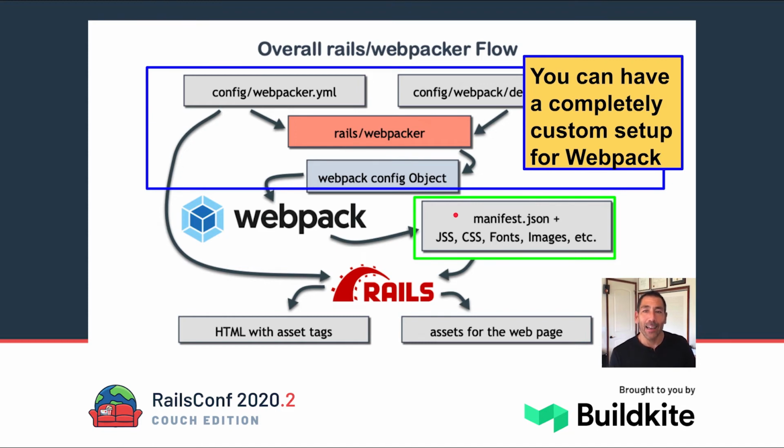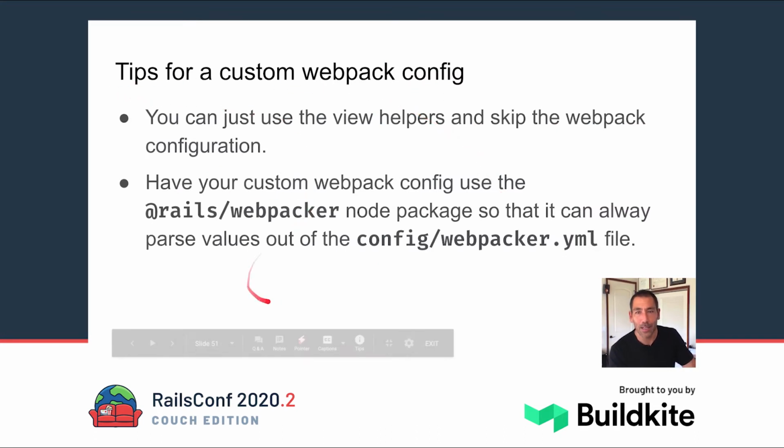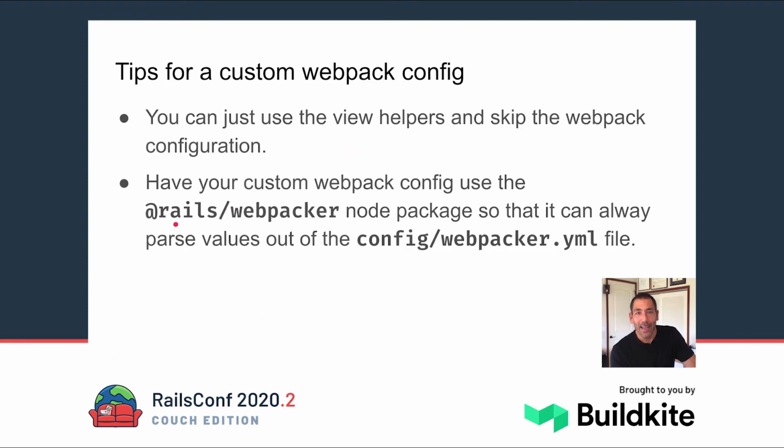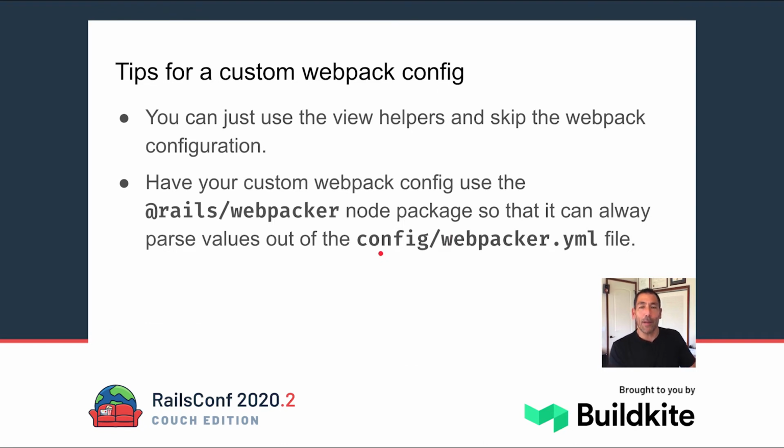Besides that, if you want to get hot module reloading working right, you definitely are going to want to pay careful attention to using that node package library. So I wrote down here a few bullets of the tips. You can use the view helper, skip the Webpack configuration, and just use that node package, because you definitely are going to need parts of what's in config Webpacker YAML.